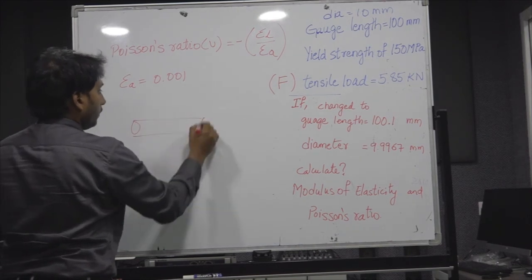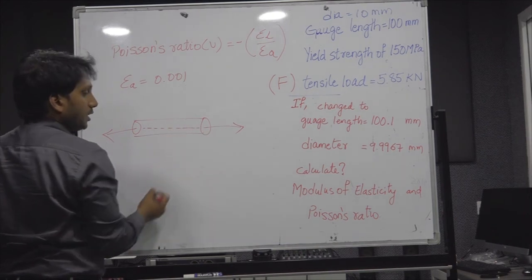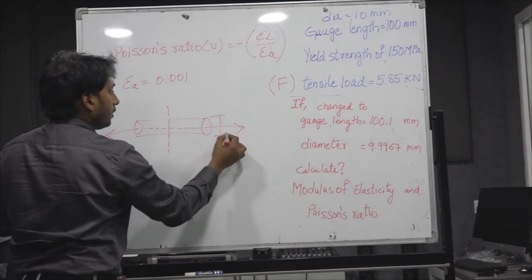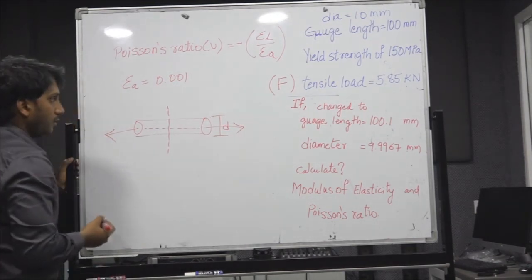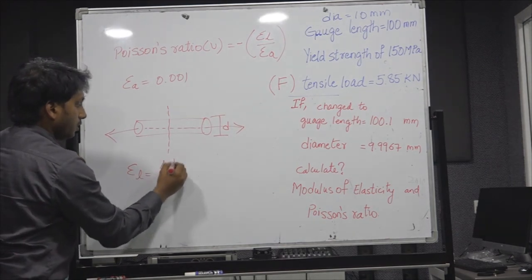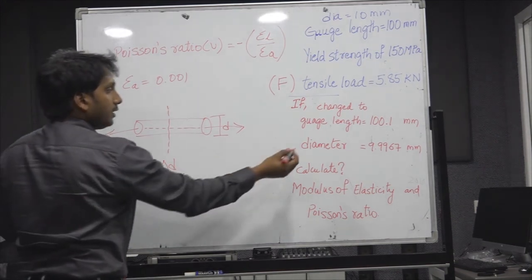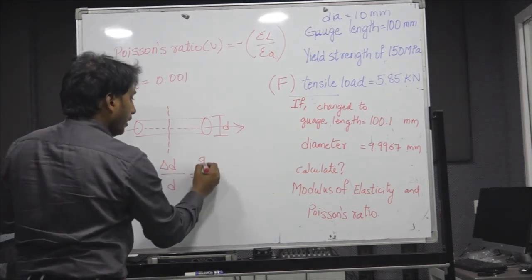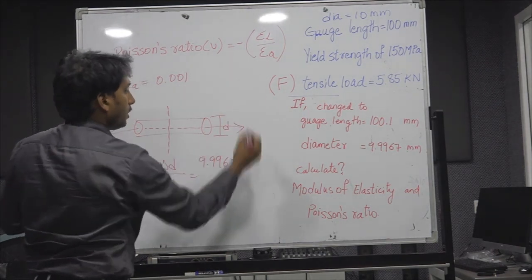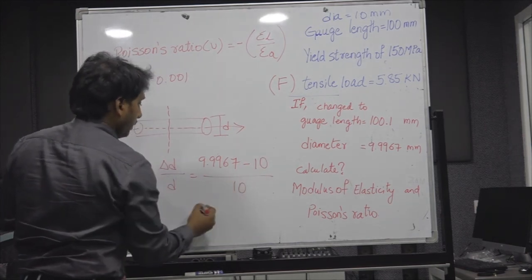When the force is applied in tension, this is the axial direction, this is the lateral direction. Here the lateral direction is in diameter. To determine this lateral strain, we have the equation delta D by D. What is the change in diameter? 9.9967 minus original diameter 10, over original diameter.